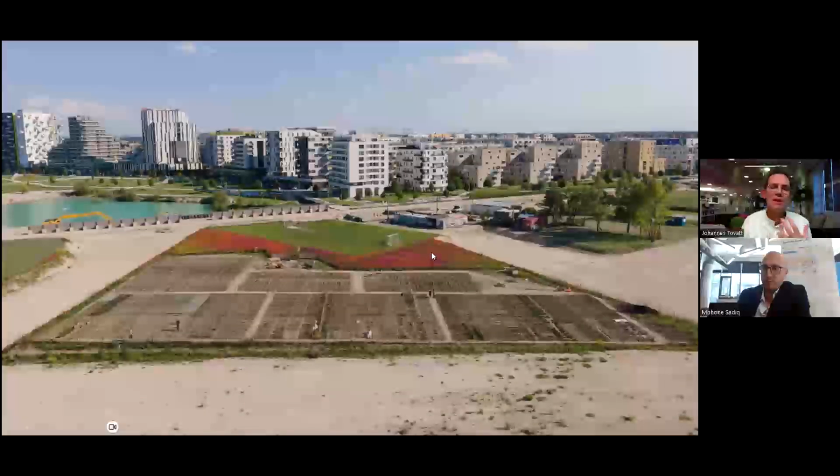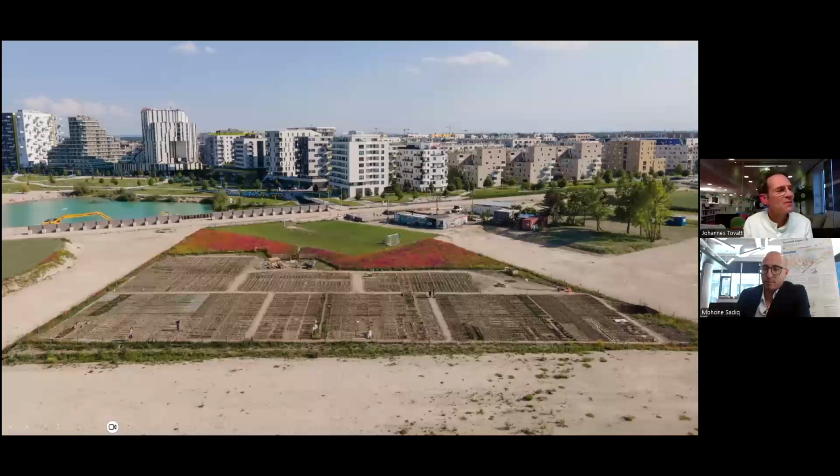And just a final image here, and then we can go into a more interactive way of talking. Is this what I mentioned in the beginning? What's an active kind of waiting for a development? The whole Seestad area has been, over these 20 years, some kind of experimental ground for temporary activities, for festivals. The Vienna Opera always has performances here during the summer months on an open stage.